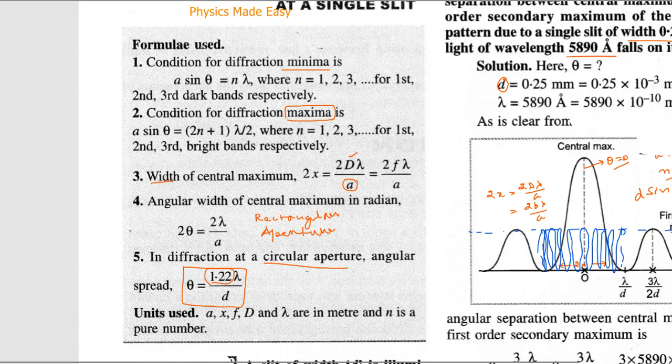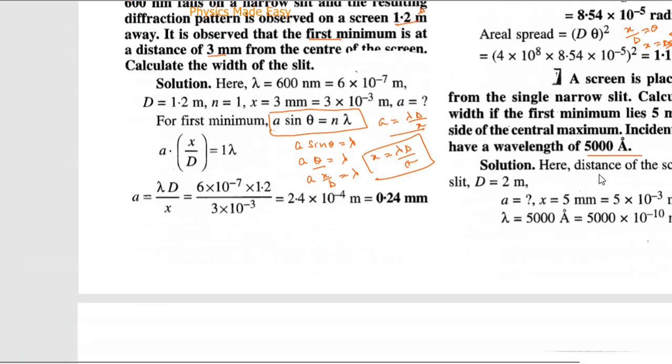So it should be 10 maxima here. So the maxima in the interference pattern should be 10. This is what the problem says. This is the width of the central maxima for the diffraction pattern, and 10 maxima of the interference pattern should be there. So I have visualized the problem for you.